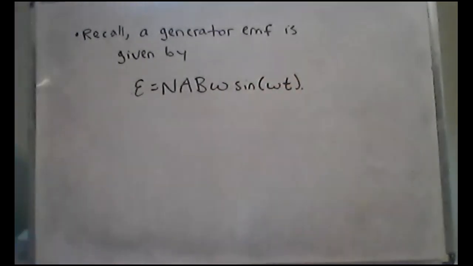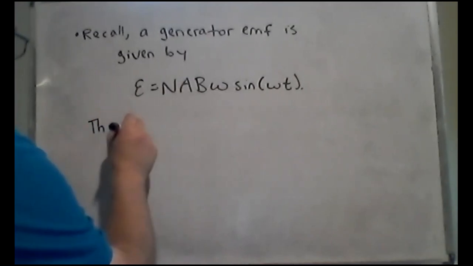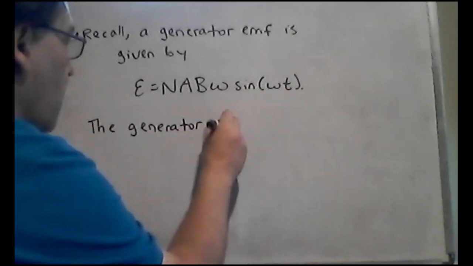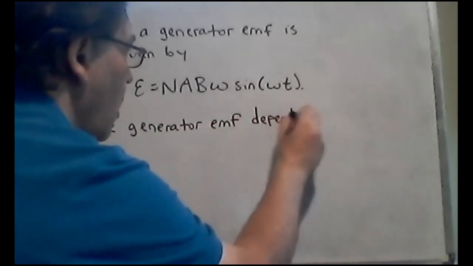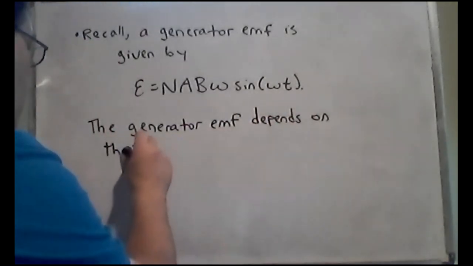The important thing here is that the generator EMF depends on omega, the angular velocity omega.